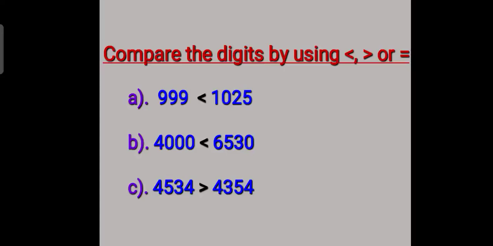Now you have to compare the next digit. Here it is 5 and here it is 3. So 5 is greater than 3. So 4534 is greater than 4354. Clear, students?